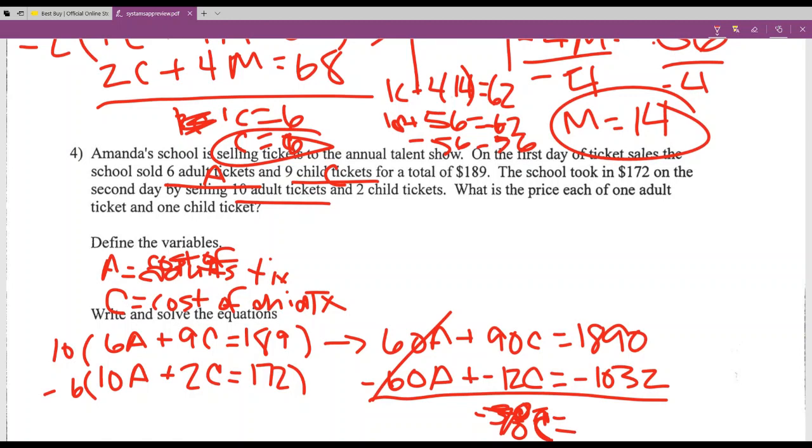And we're going to divide 1032 by 78. That's not right neither. Hold on. What did I do wrong? 60, 90, negative 60, negative 12C, and negative that.